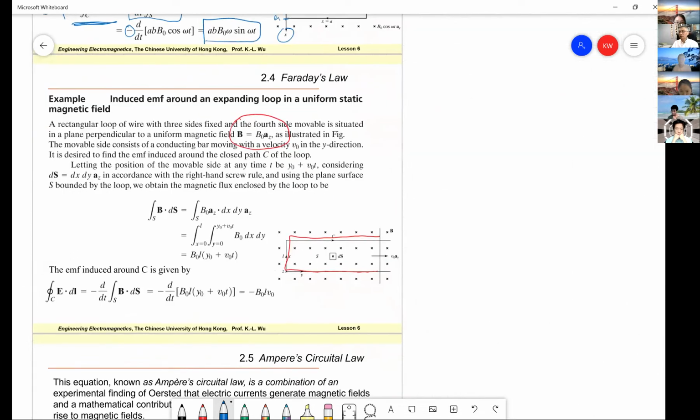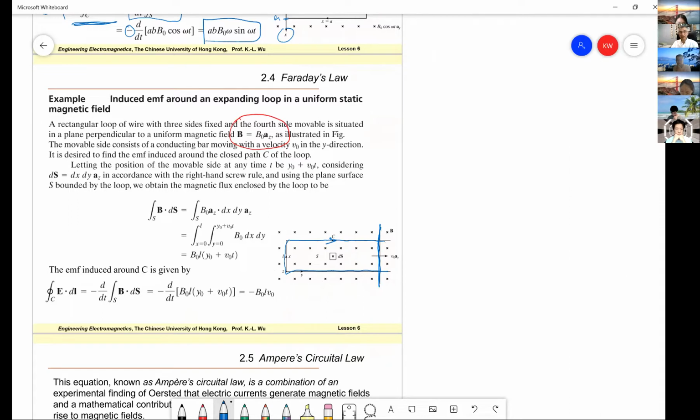So the same as this, we assume we have this wire. Say this is a conducting wire. Then I also have a sliding conductor wire.